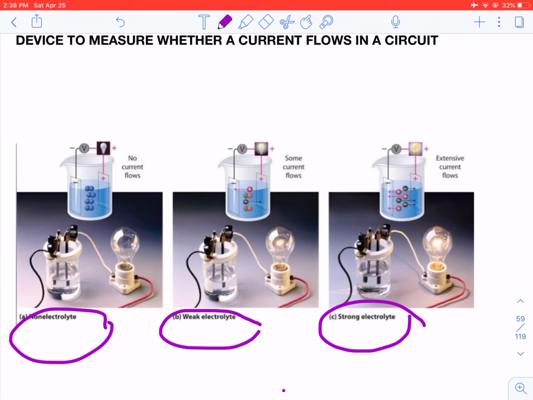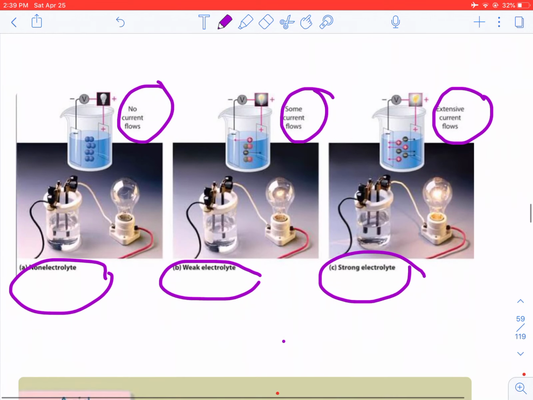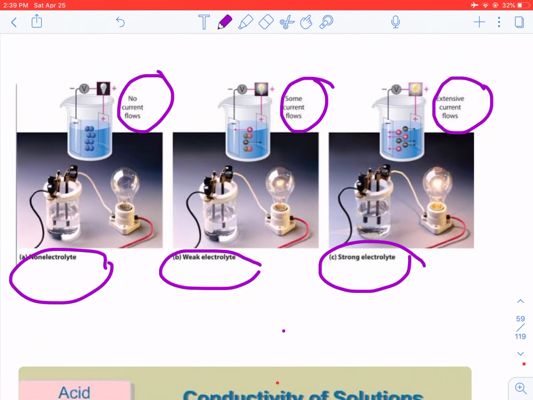Where there's a non-electrolyte, no current flows, when it's a weak electrolyte, some current flows, and when it's a strong electrolyte, a lot of current flows. So the current in a circuit gives you an indication of what is happening in the solution, the rate at which those ions are moving from cathode to anode.